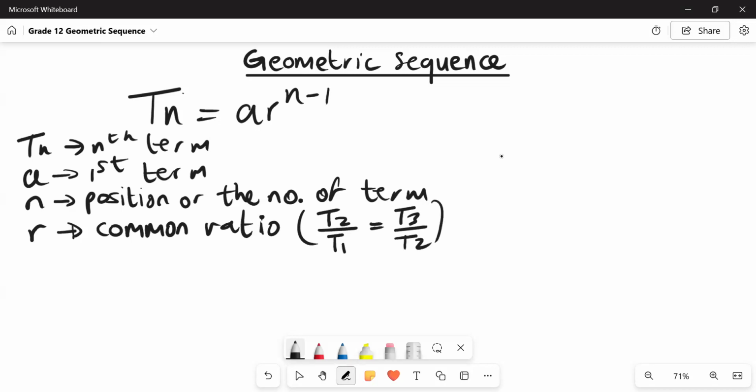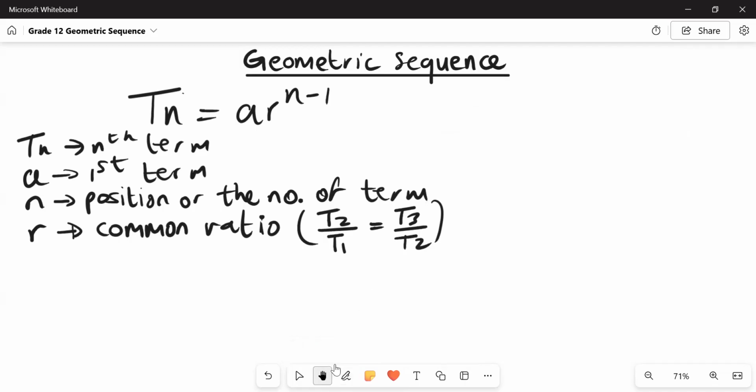Remember, when we were dealing with the arithmetic sequence, we said for common difference, d is given as T2 minus T1 equals T3 minus T2, right? So for common ratio, we are dividing. I hope it makes sense. That's the difference between the common ratio and the common difference.